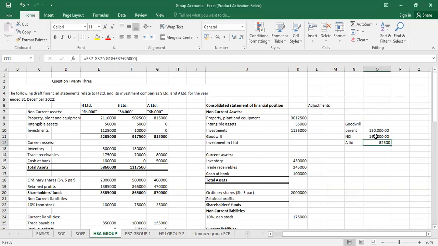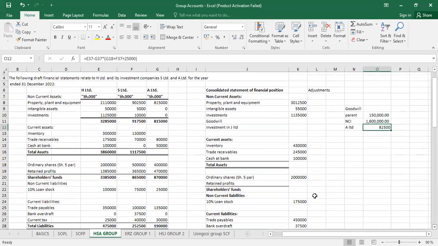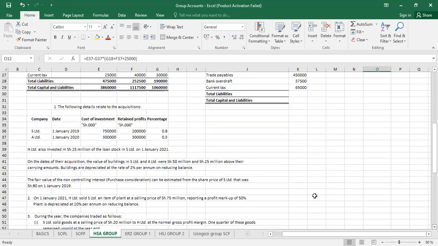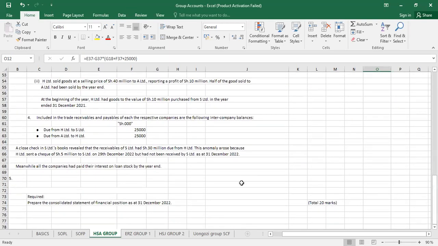Or rather here, let's do it this way, as the question says, 80. So there are two methods of doing it. You can find the NCI of the parent, the impairment. Impairment is additional information number 5. Sorry, the additional information is not present in the file, but I can remember it.